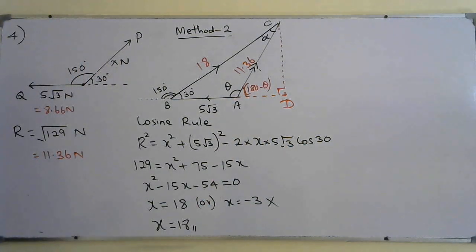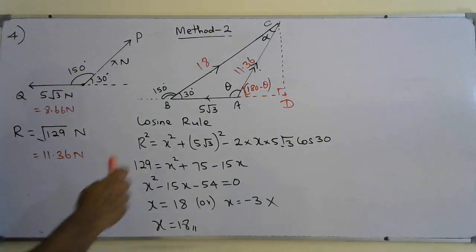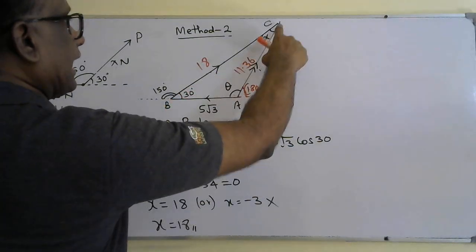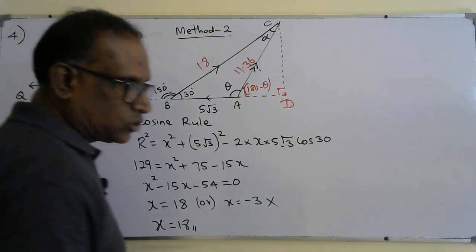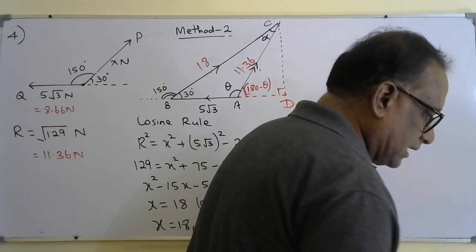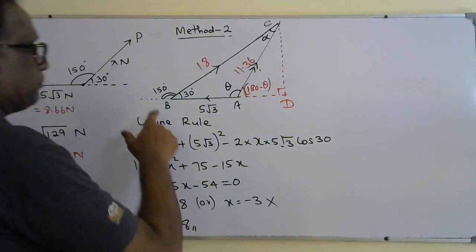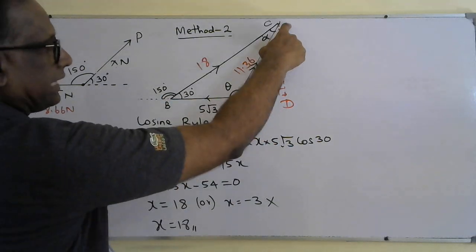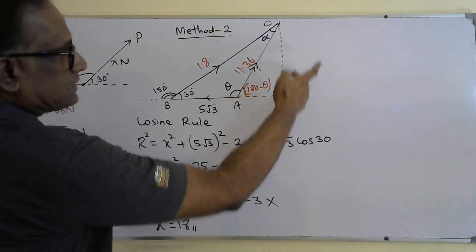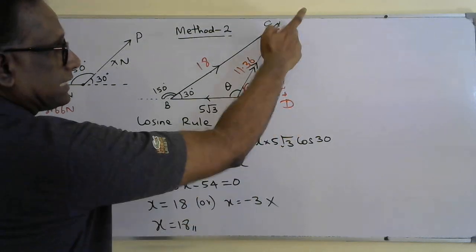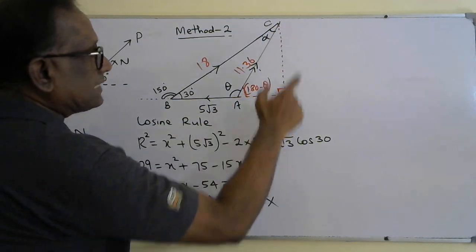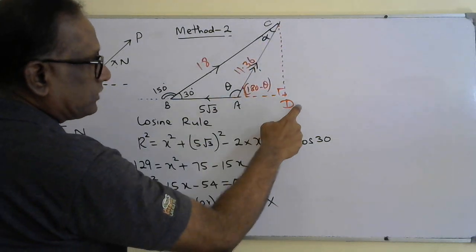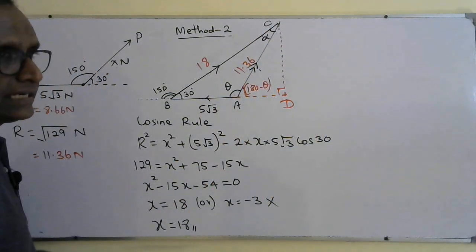If I consider this right angle triangle BDC, so I'm going to consider two right angle triangles. In the right angle triangle BDC, this is the vertical side DC. In the right angle triangle ADC, DC is also the same common vertical side.